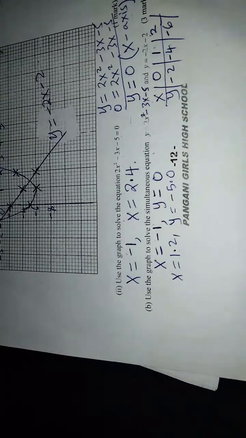So that is how we read the coordinates to get this solution. The last mark is asking us something. He's asking us to write down the quadratic equation which the line y equals -2x minus 2 is solving.